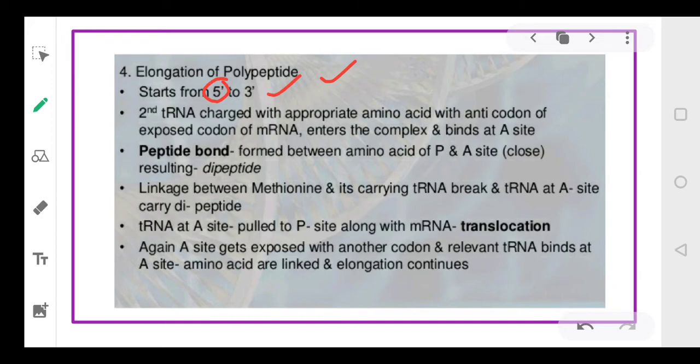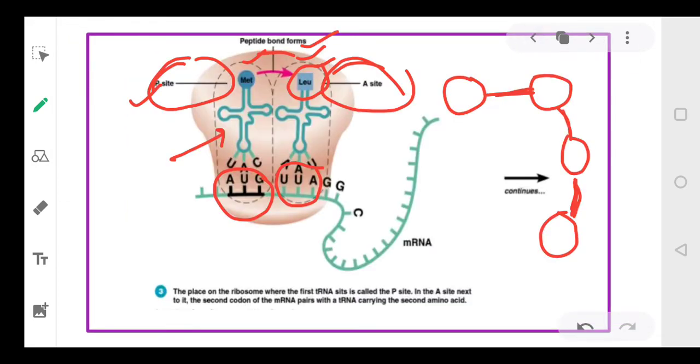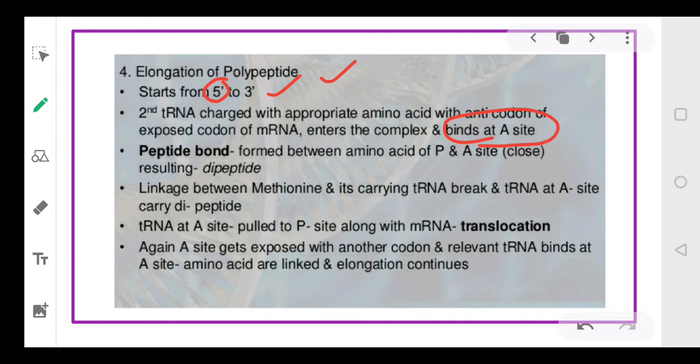The second tRNA molecule will always bind with the A site. Then there is a formation of a bond between the amino acid present on the P site and the amino acid present on the A site, and this bond formed between the two amino acids is called a peptide bond, right? Clear?